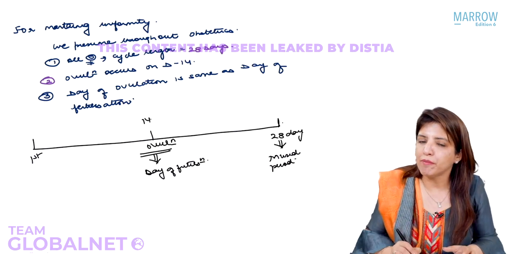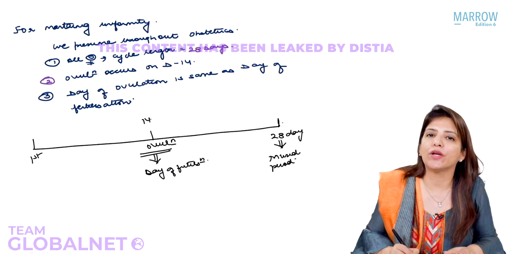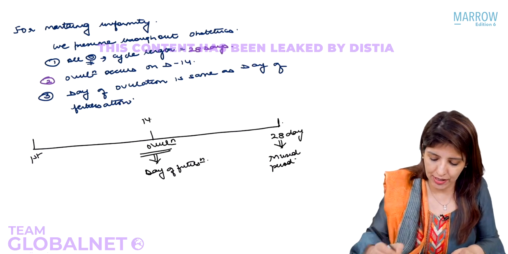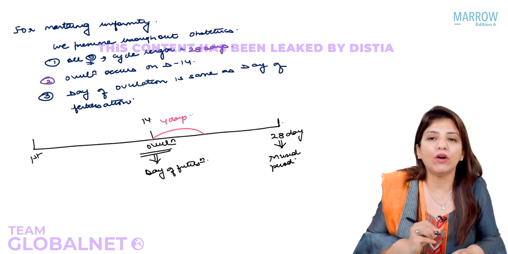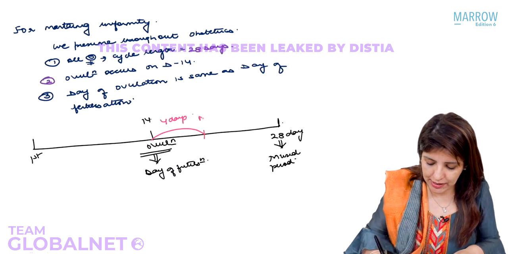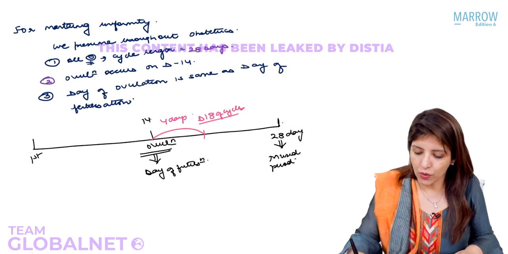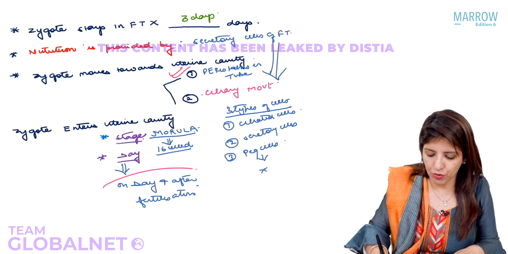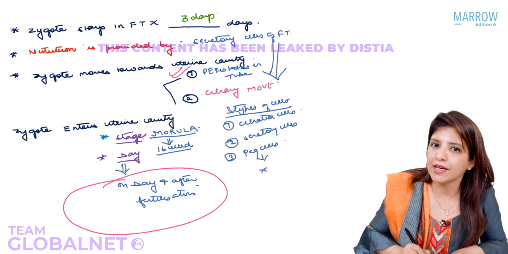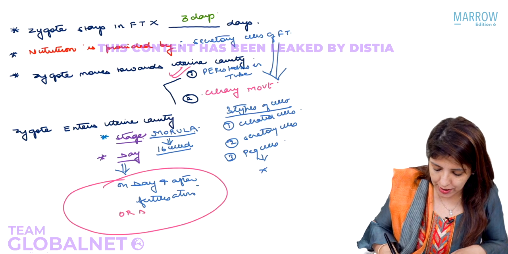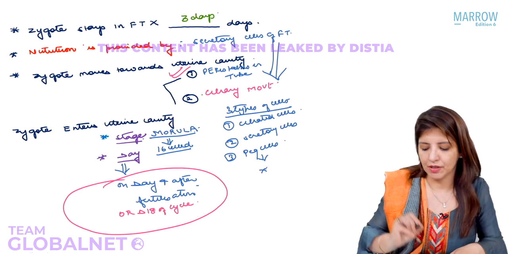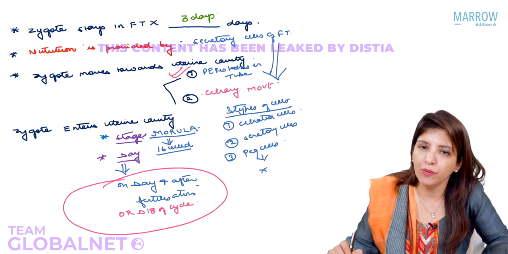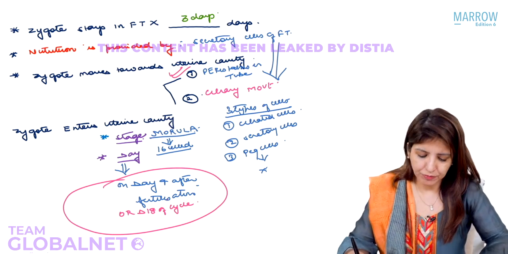right? Now I am telling you that zygote is going to enter the uterine cavity 4 days after fertilization. Now 4 days after fertilization means day 18 of the cycle, right? So in your MCQ, either it will be written 4 days after fertilization or it will be written as day 18 of the cycle. Clear to all of you? Right? Okay.